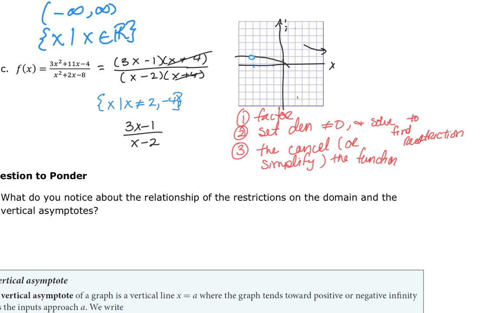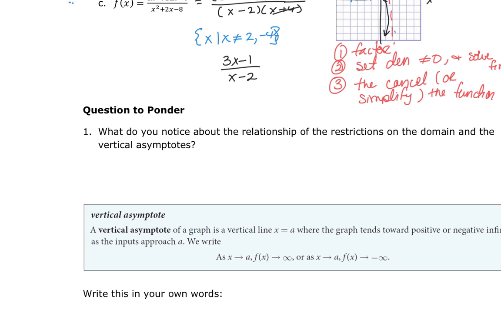So at x is equal to 2, I have this vertical asymptote. And when x is equal to negative 4, I ended up with a hole in the graph. So the restrictions on the domain produce vertical asymptotes, I'll just do VA for vertical asymptotes, or holes in the graph.